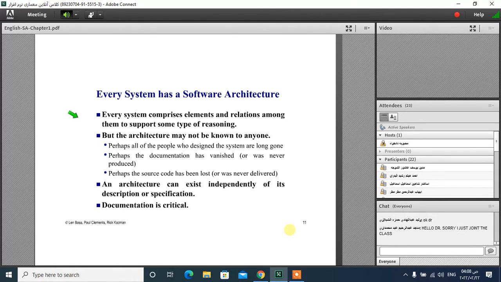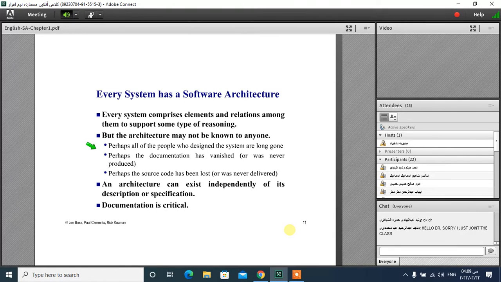So if we don't even design an architecture for a system and just go and implement it, after that we can recognize the architecture of that system. Even if the architecture is not known to anyone, the architecture of that system exists.